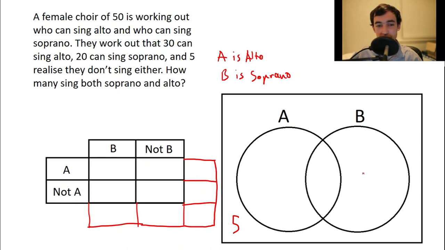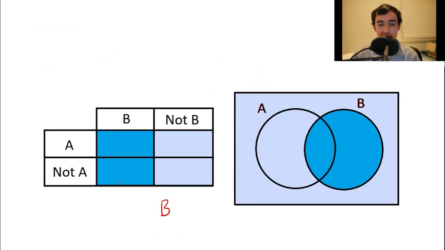It's not clear. So that's why we need this two-way table, and this will help us out because we can actually put this 30 straight into our table. I'll start off with 20 because, as I said previously, these two sections were all of B. Well, you can add up these two sections and put the sum of these two boxes here.